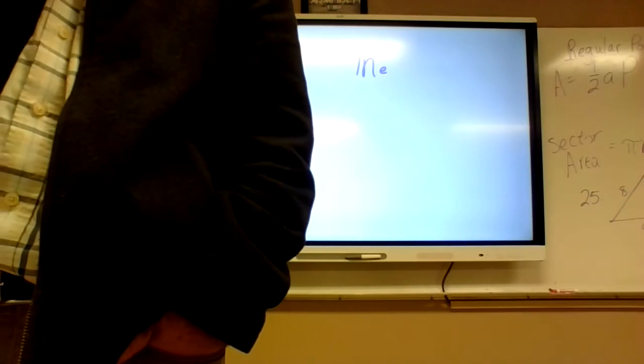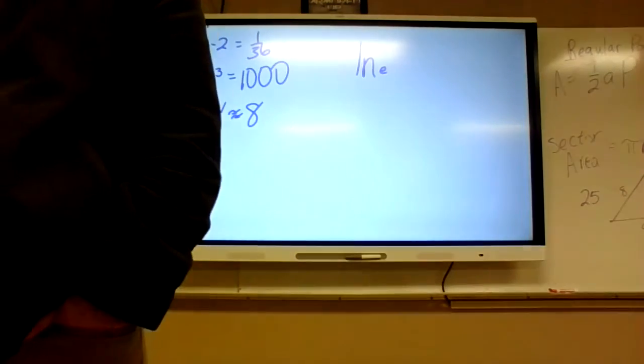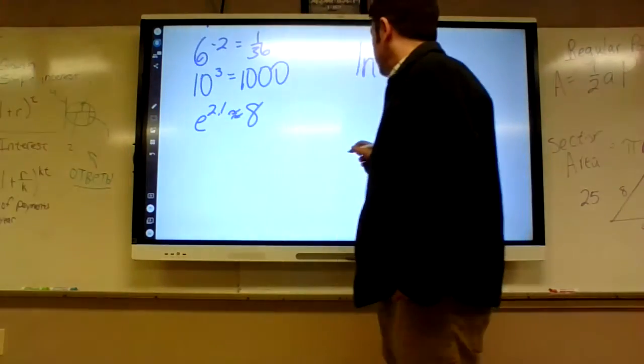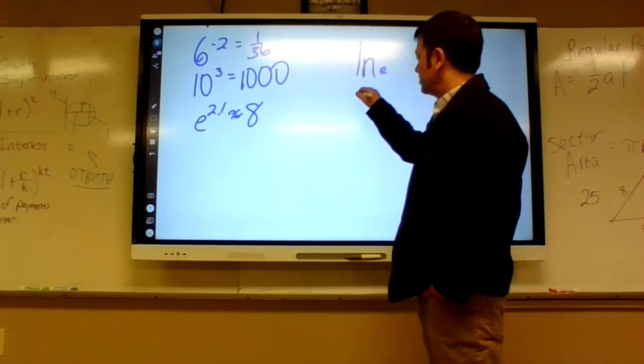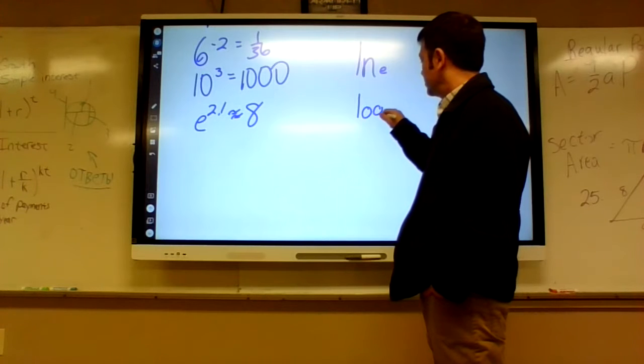Okay, number 9. What does it mean to say that x is the common logarithm of n? So let's start by just writing this as a log. If it's common log, what's our base? 10.